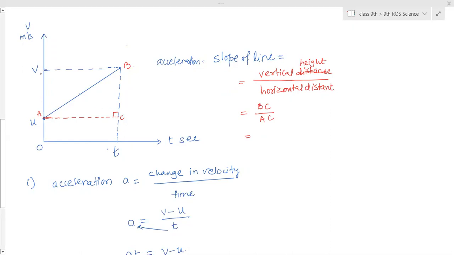So what is the distance between these two? V minus U. It is V minus U divided by AC. A is at 0, C is at T. So what is the distance between these two? T minus 0, which is T. So acceleration a is equal to (V minus U) by T.